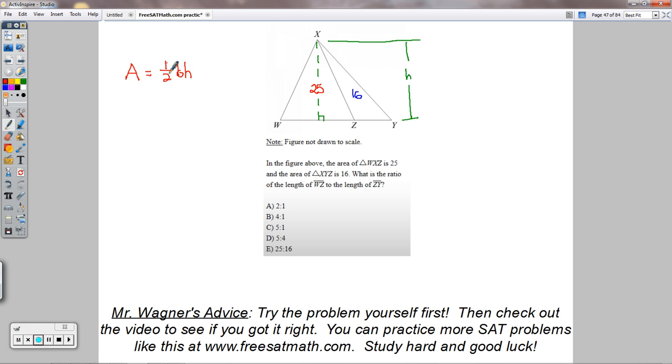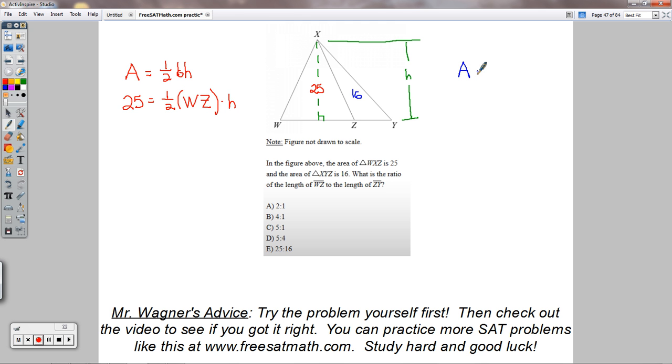The area of that triangle is 1/2 base times height. Any triangle is 1/2 base times height. I know the area, it's 25. The base is WZ, so I'm going to use WZ instead of B. And the height, I don't know, but the height here is going to be the same as the height here for the blue triangle.